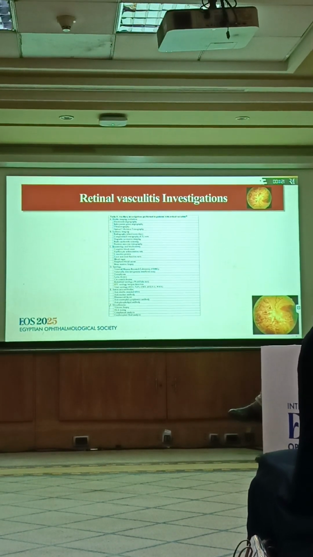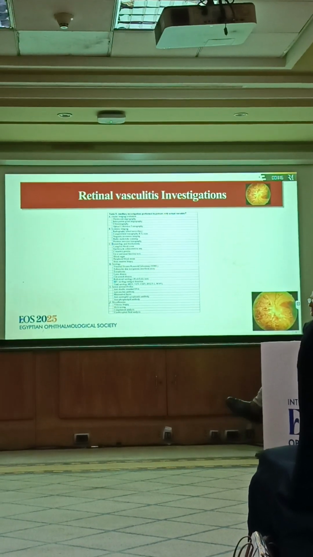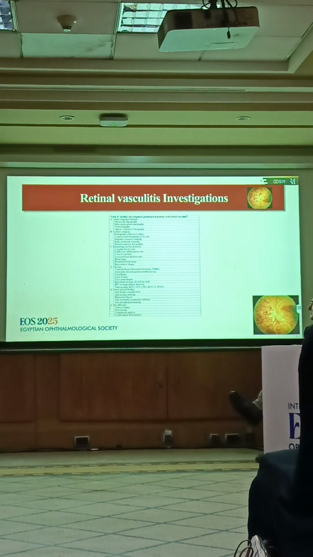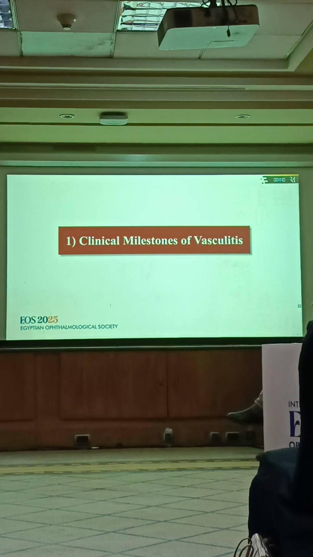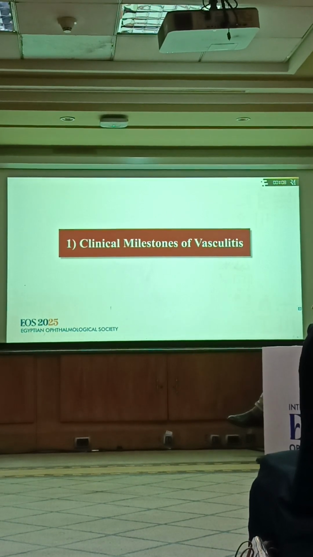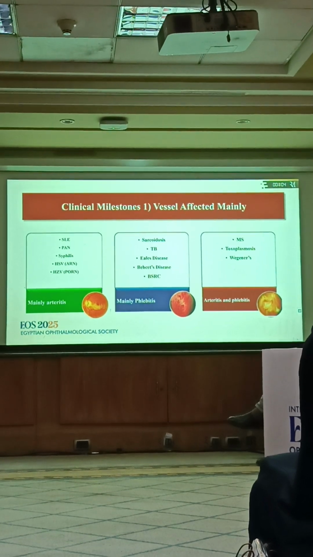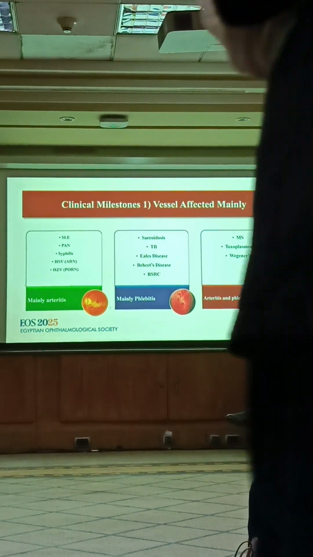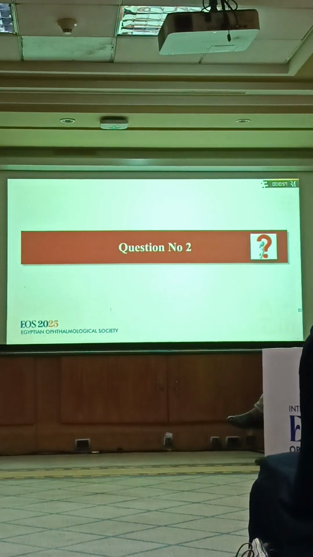Also, when we are going to order investigations, we have a list of investigations that no one can do. What makes our life easier, as Professor Dr. Samir mentioned, are the clinical milestones of vasculitis that we should answer questions about. Question 1, vessel affected mainly, whether arterial, venous, or combined.